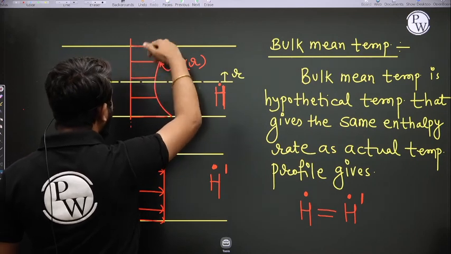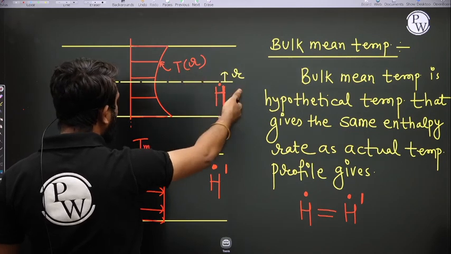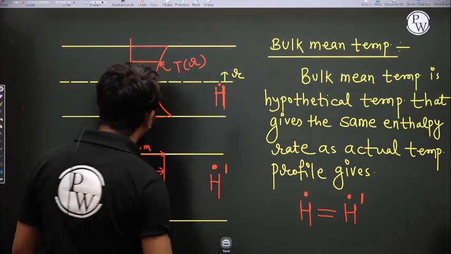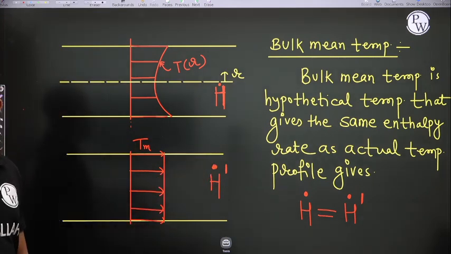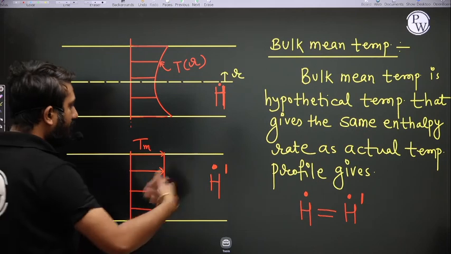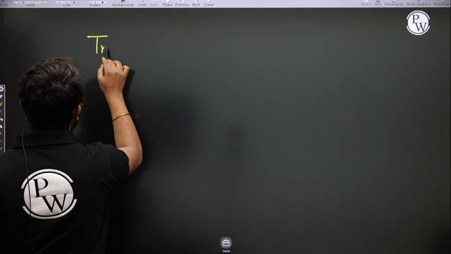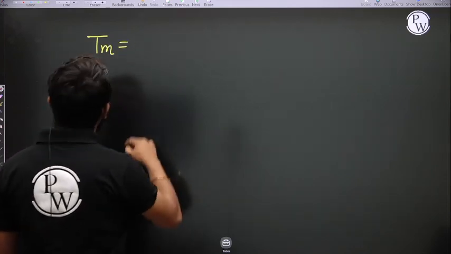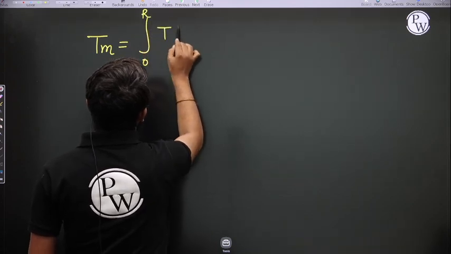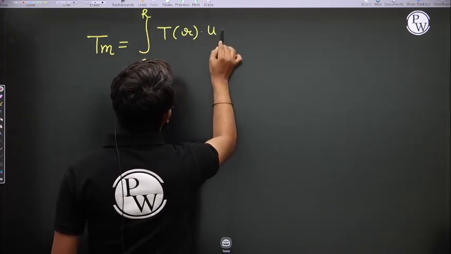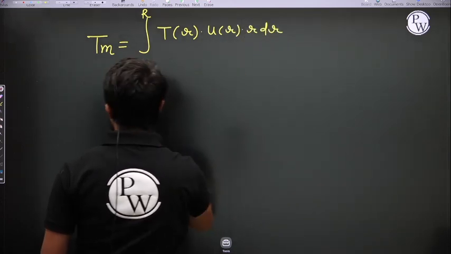If you consider the variation of temperature with r and calculate the enthalpy rate, you get H dot. If you consider the mean temperature, then you get the enthalpy rate H dot dash, and both enthalpy rates will be the same. Equating the two, the mean temperature is equal to the integral from 0 to R of T(r) U(r) r dr divided by the integral from 0 to R of U(r) r dr. T is a function of r, U is a function of r.